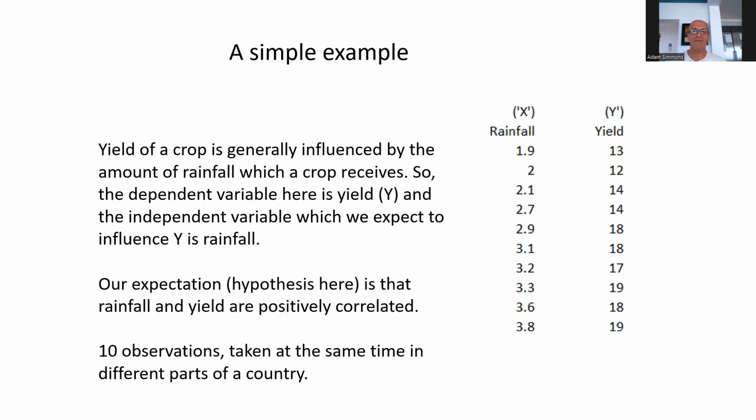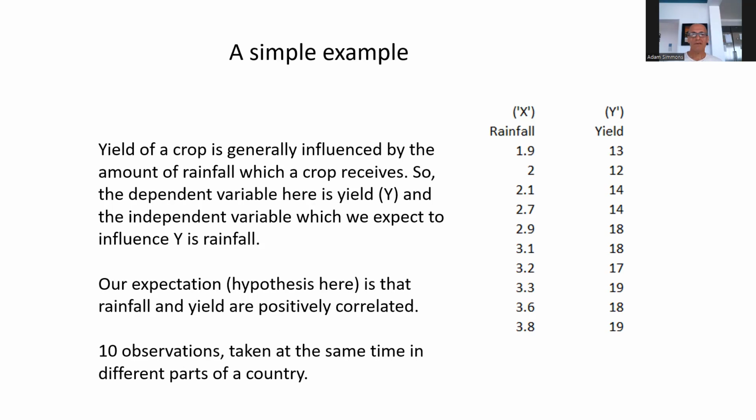So let's actually have a look at a simple example of a regression. I've taken one of my favorites, which is crops. So we're going to assume that the amount of yield that the crop produces is dependent on how much rain falls on a particular bit of land.